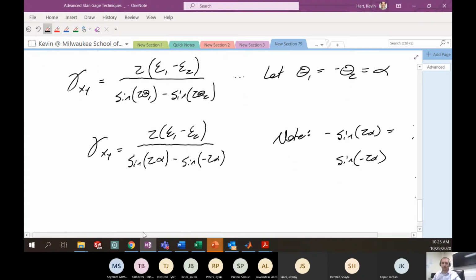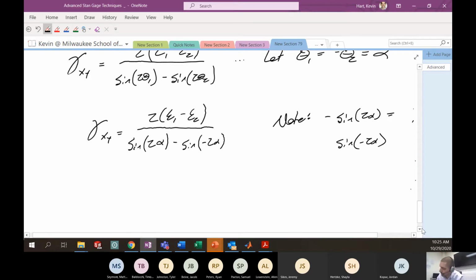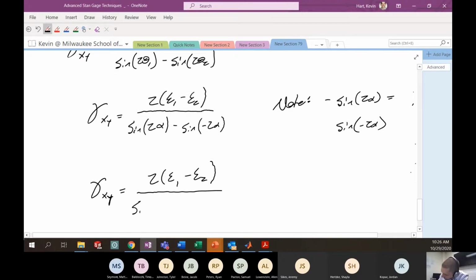And you'll have the following expression for the shear strain in this coordinate system, given some equally angled distance between some axis that you know. Here the shear strain gamma xy is going to be 2 times epsilon 1 minus epsilon 2 divided by sine 2 alpha plus sine 2 alpha, since I'm eliminating this negative sign by trig identity.